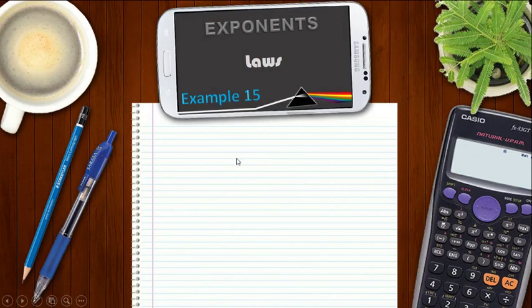So now for example 15, we have the following example. With exponents, where you apply laws, there's normally many ways to do it. With this one in particular, I'm going to do it in one of two ways. First of all, let's look at the numerator.